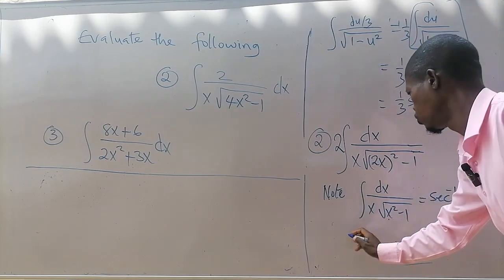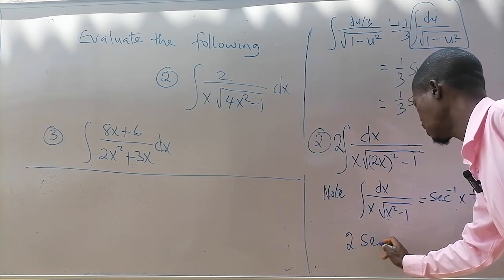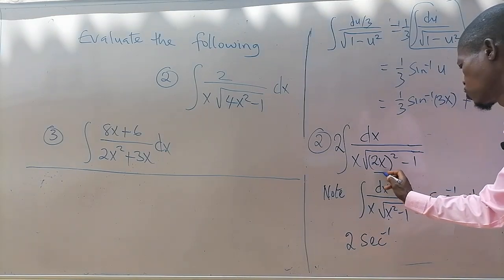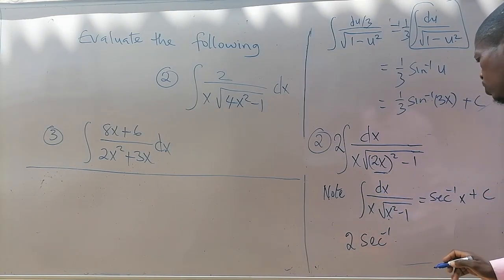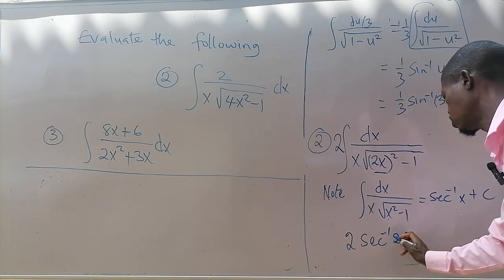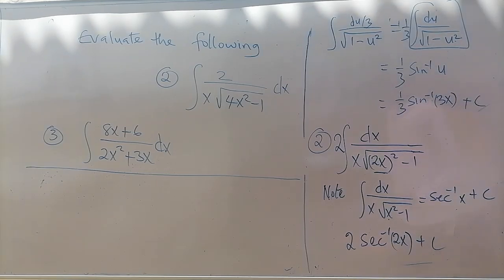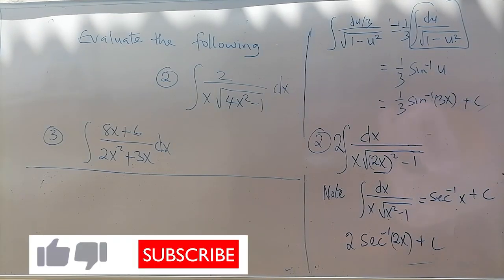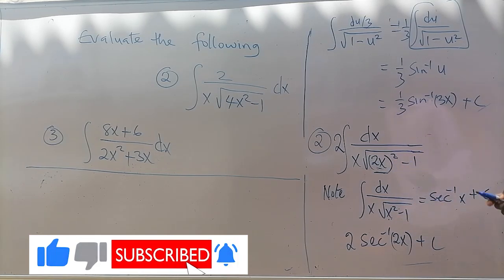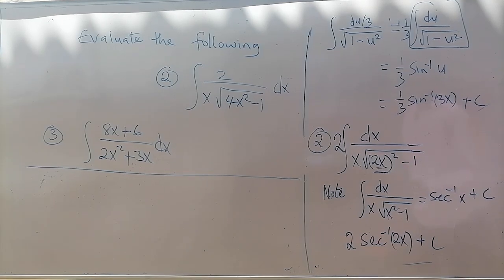So it's going to be 2 arc sec, the function you have here, which is what? 2x, plus c. So that's that. It must be multiple. Whatever function you have must be multiple square. This one is what? X square. So it's just the use of the integral table. So that's that on this case.